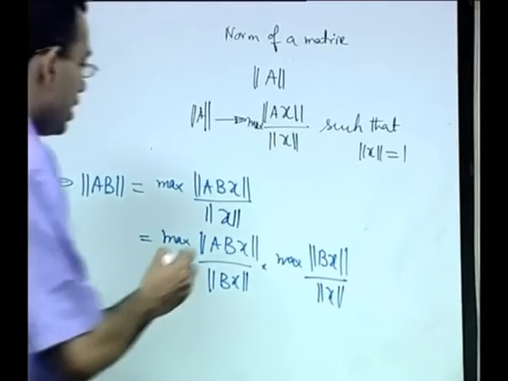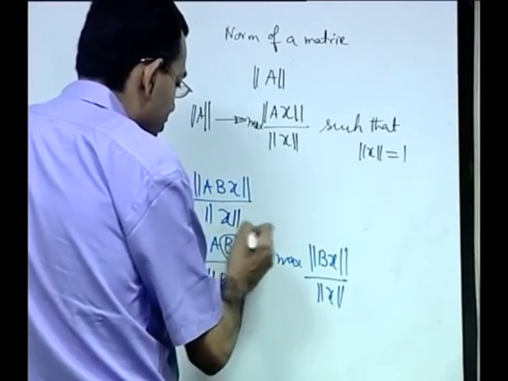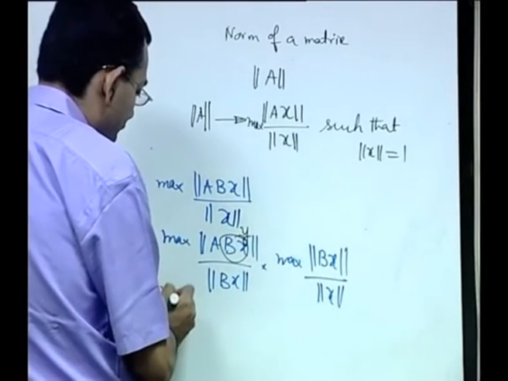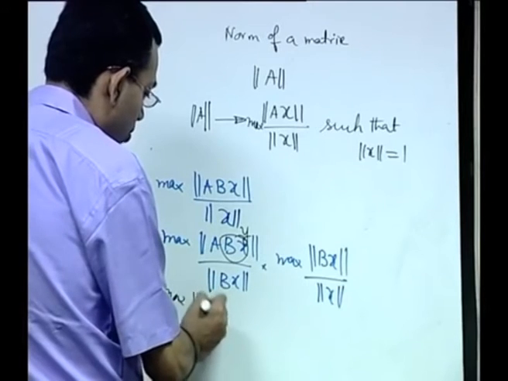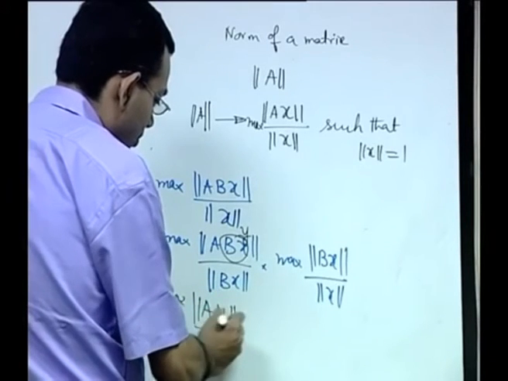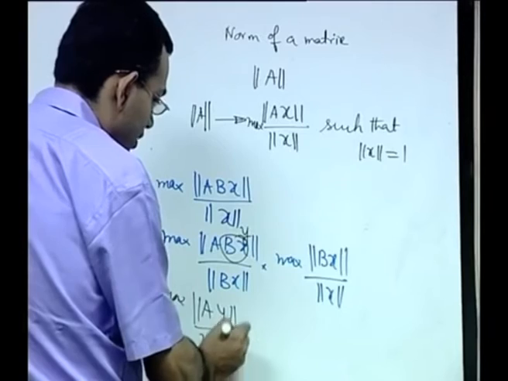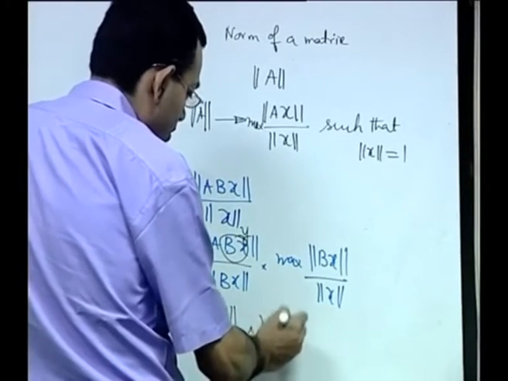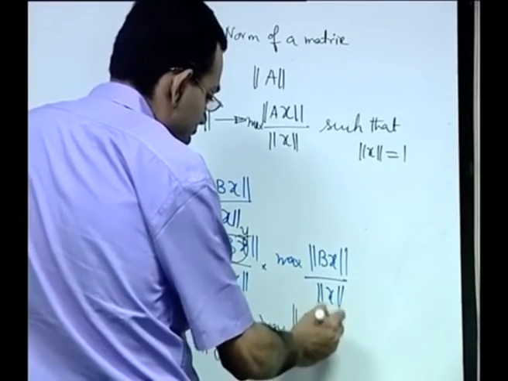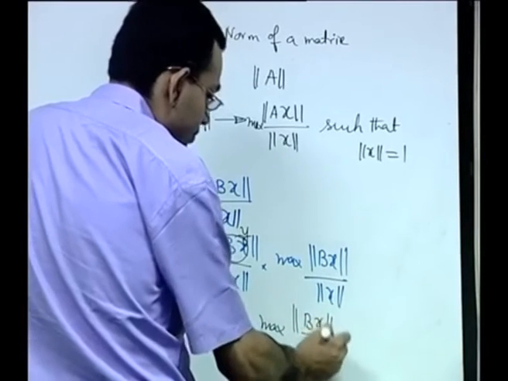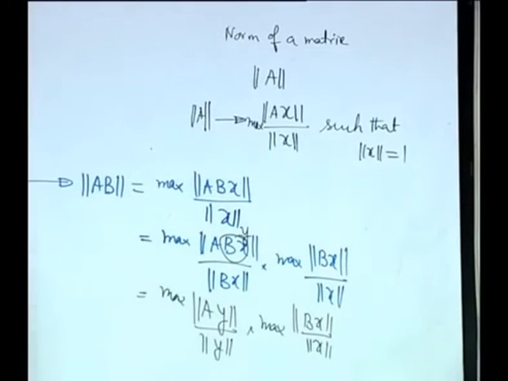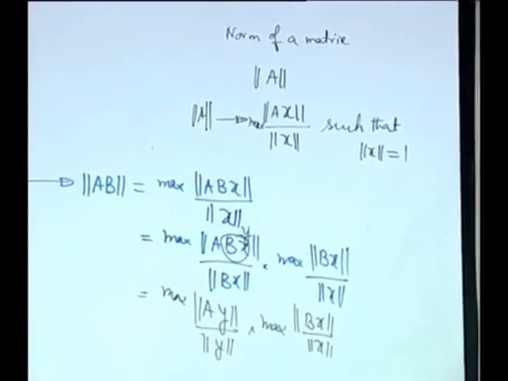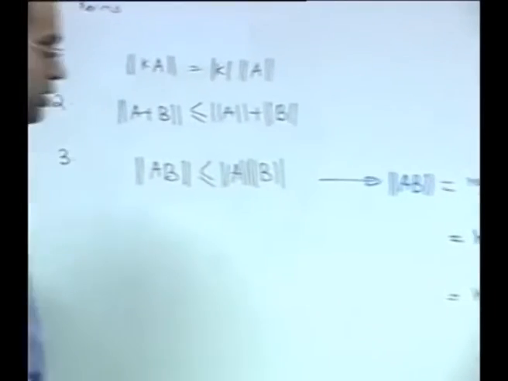You can consider Bx as a vector y. So, this is max of norm of Ay by norm of y into max of norm of Bx by norm of x. Remember that there is no sanctity in the names of x, y like that, these are just some arbitrary vectors.